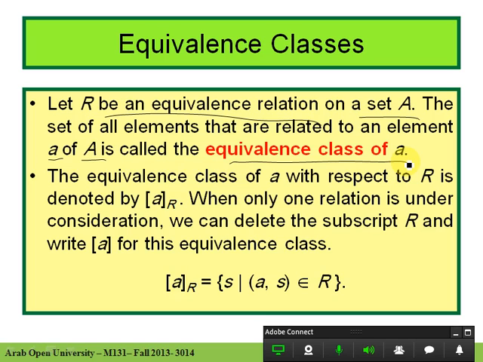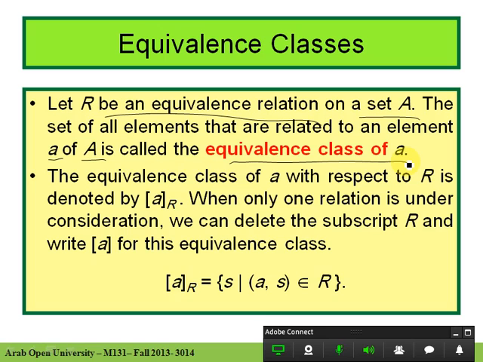Capital A is the set, small a is an element of the set, and all the elements which are related with the small a, we call an equivalence class of a.